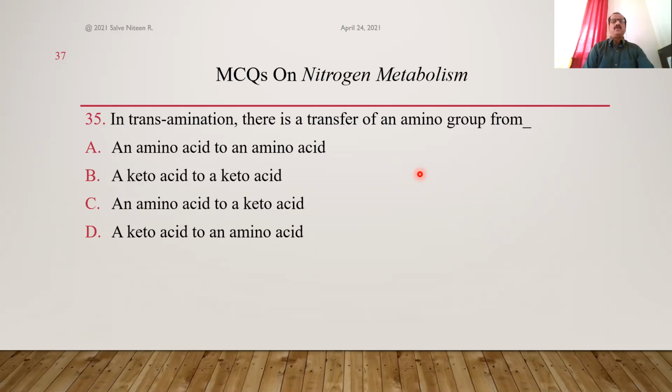And this glutamic acid is called as donor amino acid, which donates its amino group to keto acid, that is oxaloacetic acid, so that this keto acid becomes amino acid, called as aspartic acid. And the donor amino acid becomes keto acid, called as alpha ketoglutaric acid. So here the answer is transfer of amino group from amino acid. Glutamic acid is amino acid which donates its amino group to keto acid called as oxaloacetic acid. So here the answer is option C.